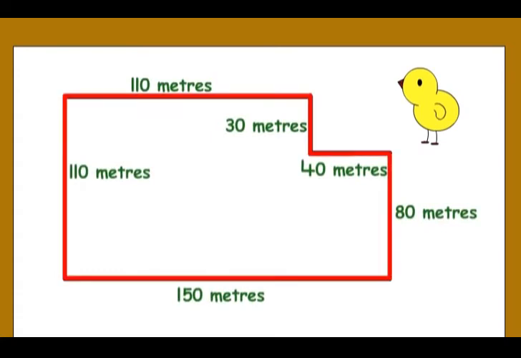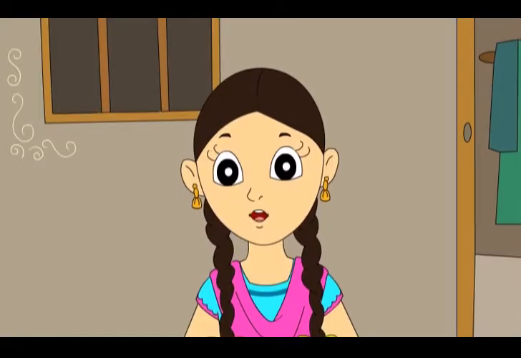I have marked the length of the sides. Can you find out the length of the boundary? Oh no, Futta! The sides are too long. The numbers are too big. Okay, Chick. I will do it for you.